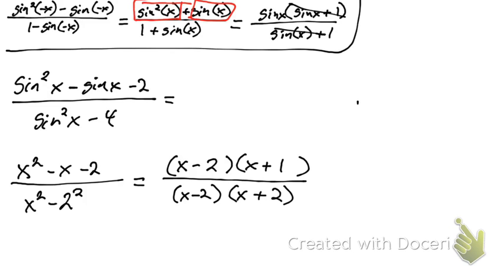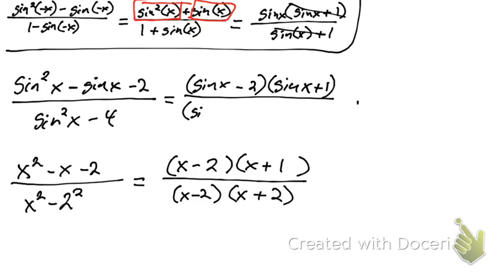All right, how that would look with sine is we would just have sine of x minus 2 times sine of x plus 1, all over sine of x minus 2, sine of x plus 2.